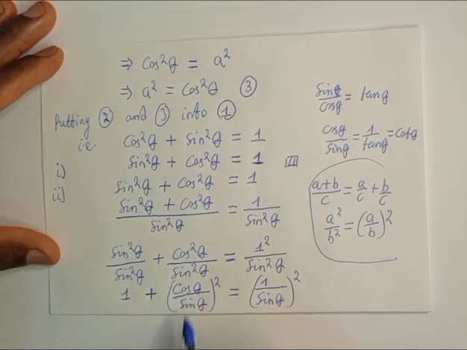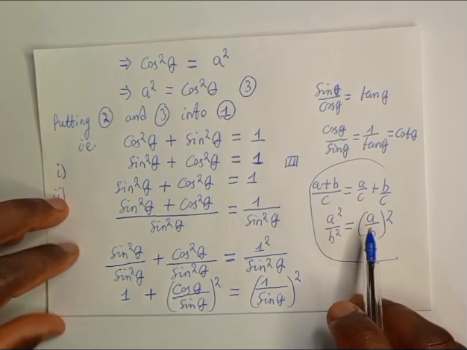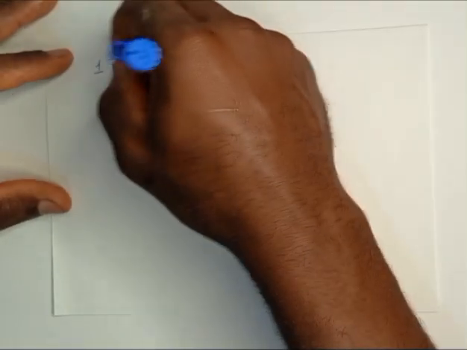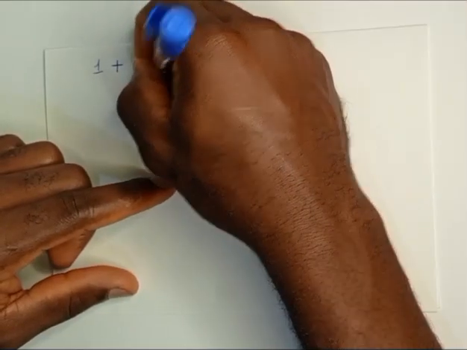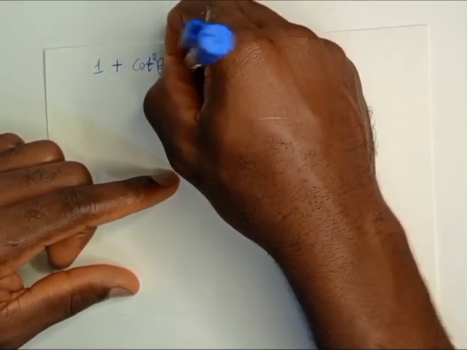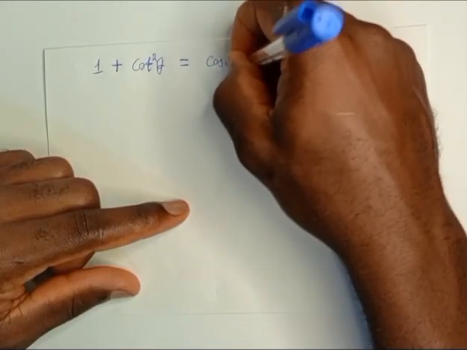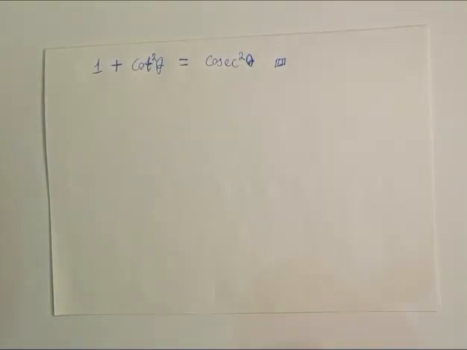This will give us cot²θ to be equal to, and 1 over sin² gives us cosec²θ. We are going to replace them. This will give us 1 plus cot²θ to be equal to cosec²θ, which is what we are to show. We are done with 2(i).